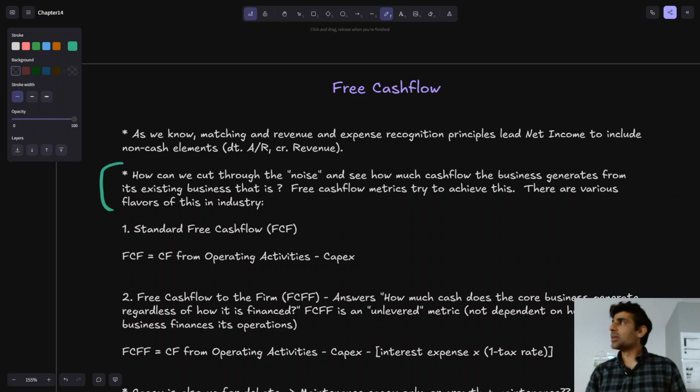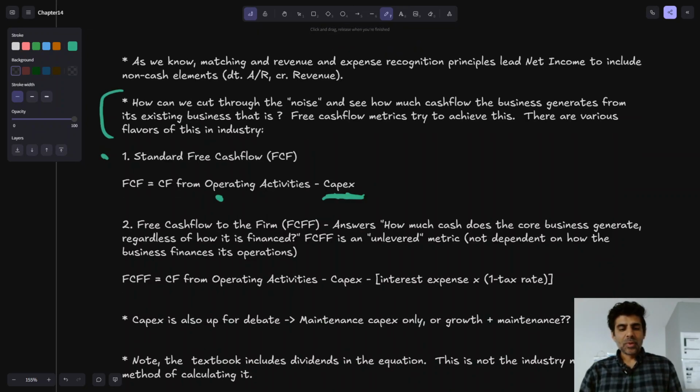So there's a couple of different ways. There's no standard way that this is calculated. The most common is you just take the cash flow from operating activities minus capex. Some people will say, how much is it just to maintain the current business?